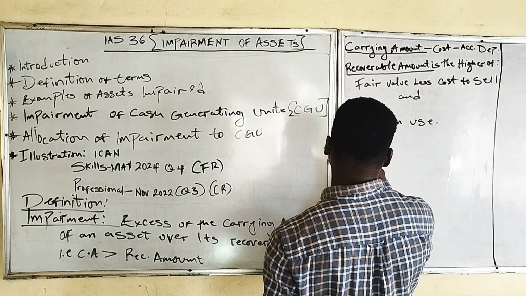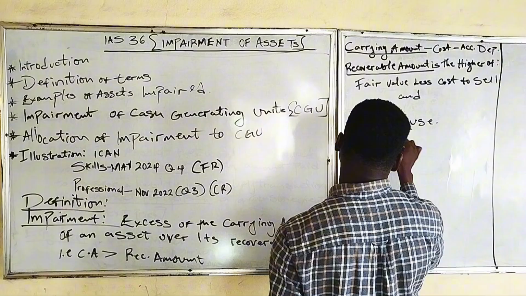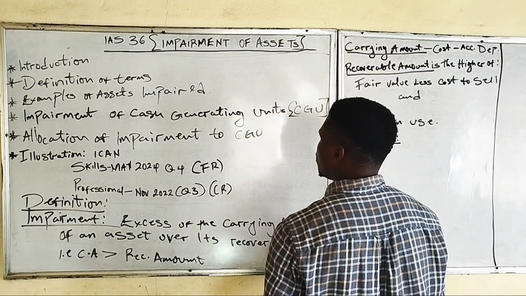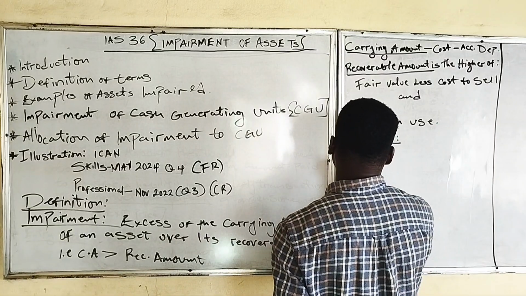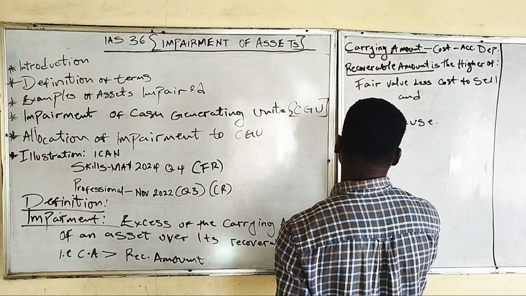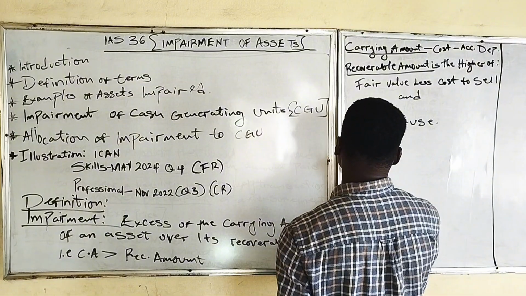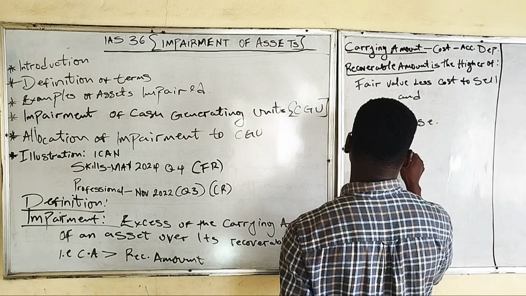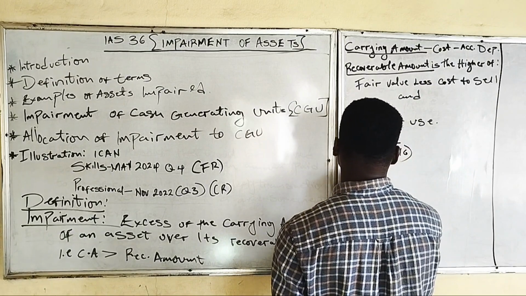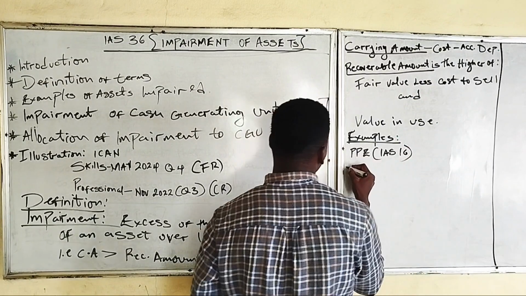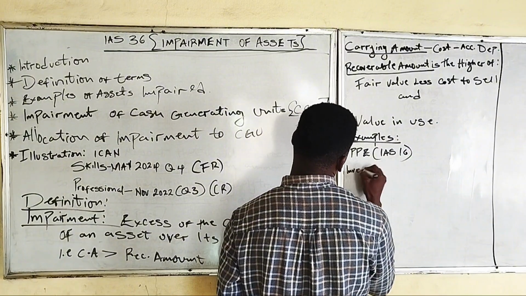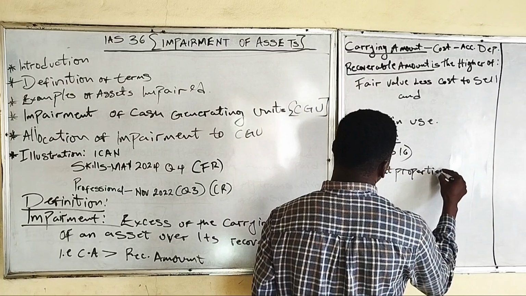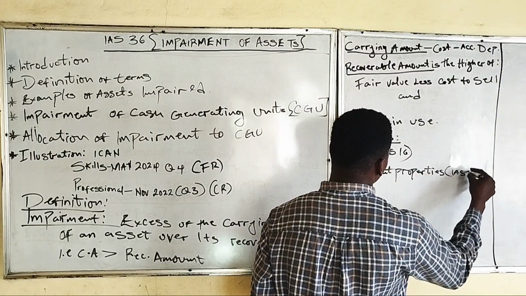the examples. Examples of assets that are impaired. We have motor vehicle, basically all PPE items, PPE, IAS 16. We have investment properties, IAS 40.